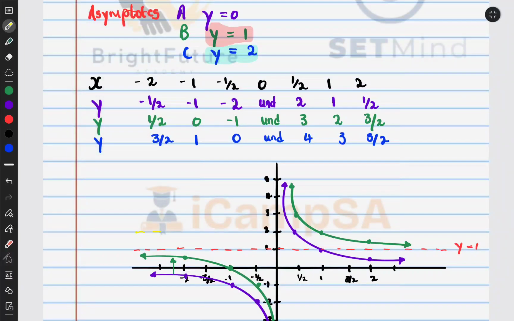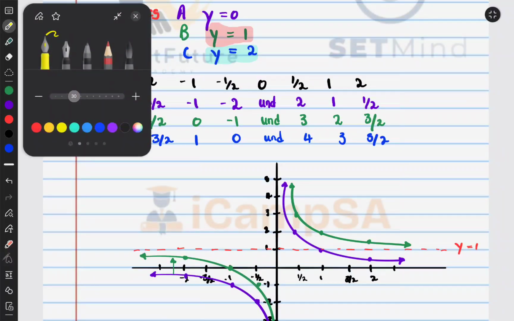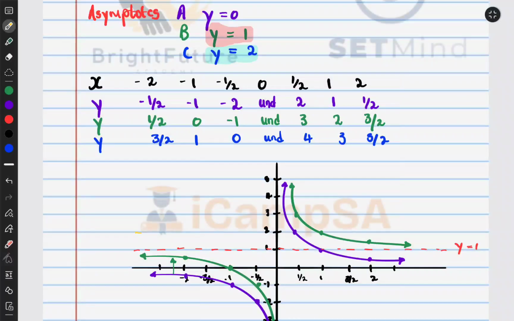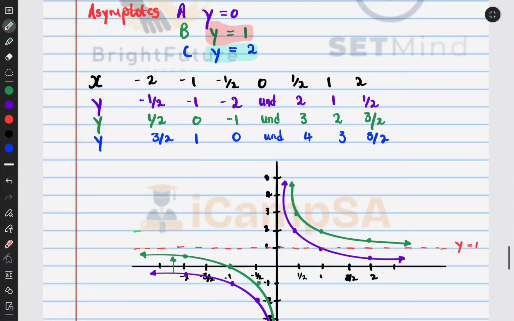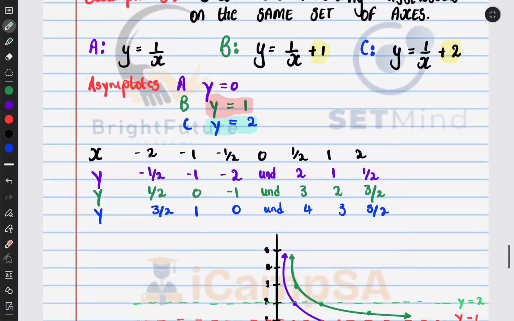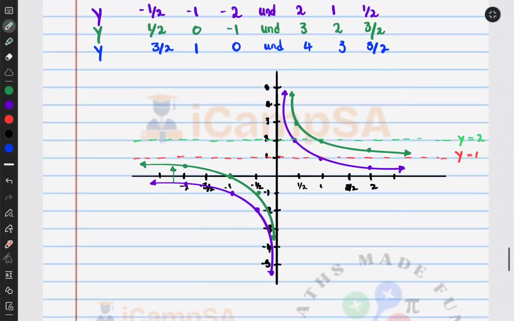Let me just use green. So for the third function, our asymptote now has moved to y is equal to 2, because our function has been shifted 2 units upwards.